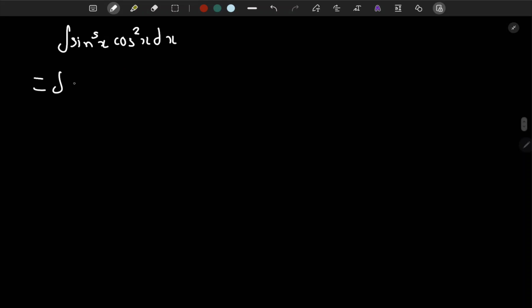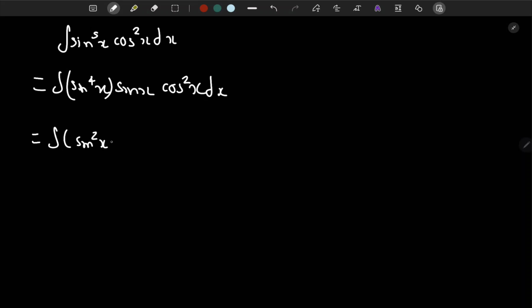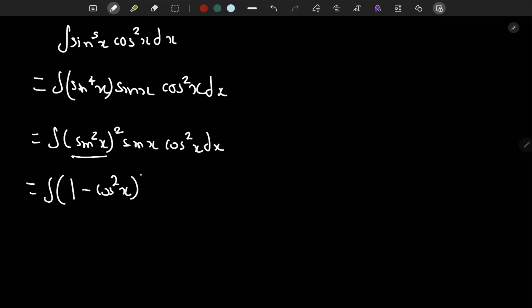So let's first of all divide: the integral of sine to the power of 4 x cosine squared x dx. We can rewrite sine to the power of 4 in terms of sine squared x, with sine x cosine squared x dx outside, and now we can replace sine squared with 1 minus cosine squared x, so that will be equal to 1 minus cosine squared x, squared, times sine x.